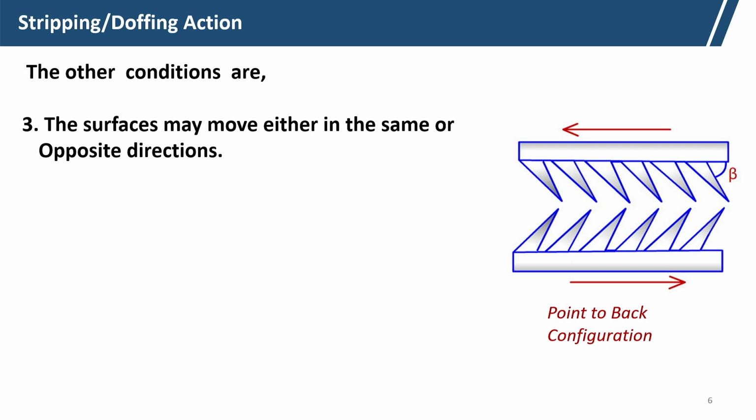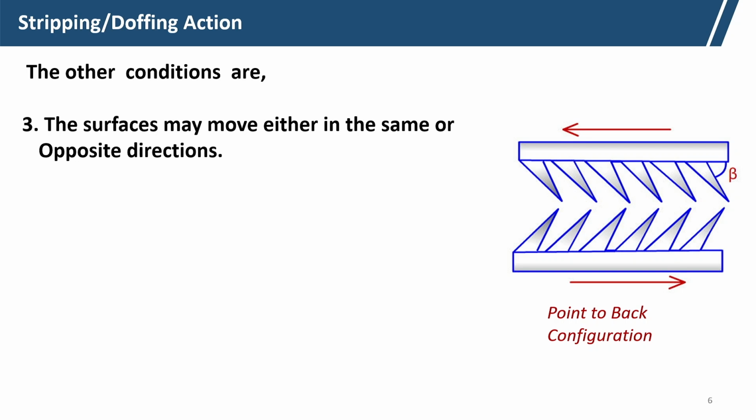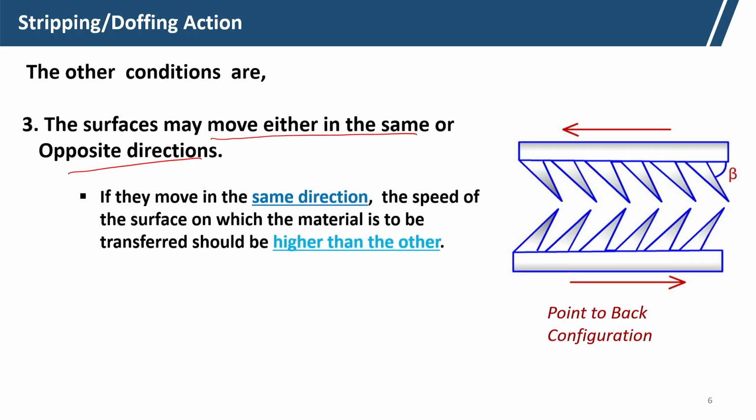the surface may move either in the same direction or in opposite direction, that also is possible there, but the wire point directions are the same. If they move in the same direction, the speed of the surface on which the material is to be transferred should move higher than the other surface.